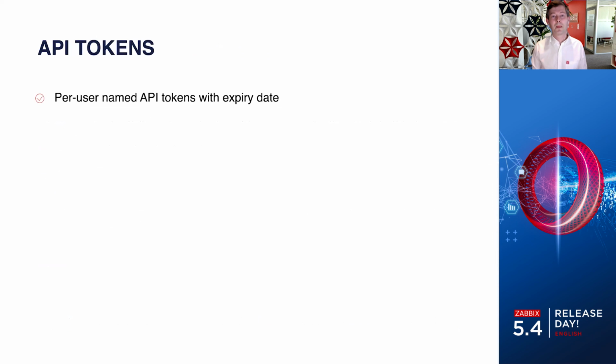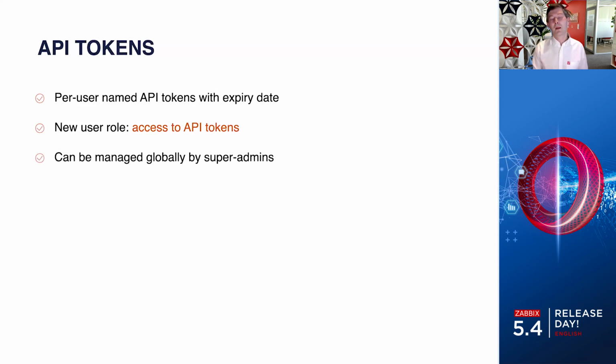What else? API tokens. Well, finally, we do support API tokens, named API tokens with expiry dates. Actually, any user now in Zabbix can generate a private API token for some specific use.